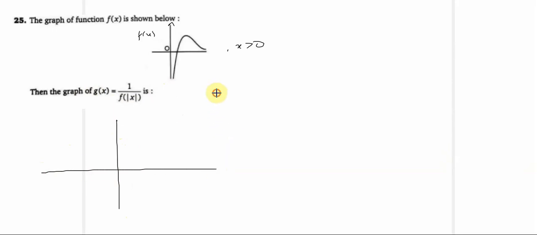Also note that for x greater than 0, mod x is x, so g of x just becomes 1 by f of x. Now for the sake of explanation, I am going to treat it as another variable y.